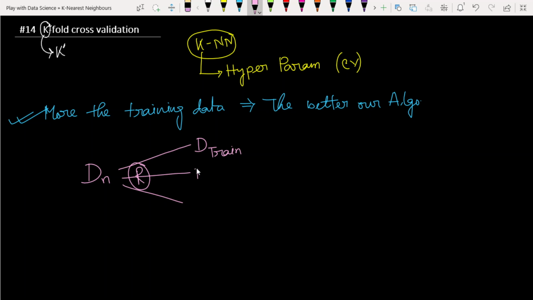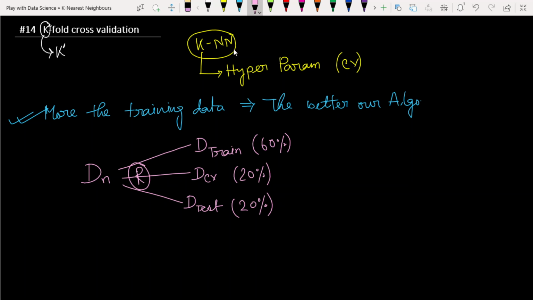Another part is called the cross validation data, Dcv, and the last one is called the test data, Dtest. Typically the data is divided into 60% for training, 20% for cross validation, and 20% for test. But this depends on the situation.